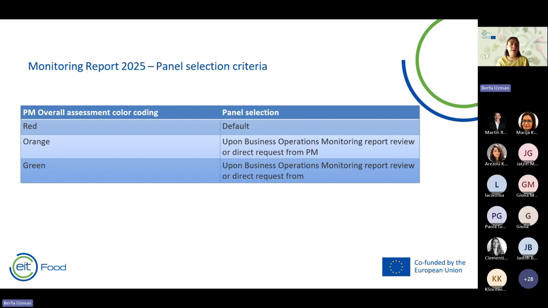Green ones, upon again business operations monitoring report review, might be selected for a panel, or it might be again a direct request from the program managers, the new name project monitors. So for sure, red ones will be discussed, and for orange and green, it will depend on our internal checks or any direct request from the program manager.